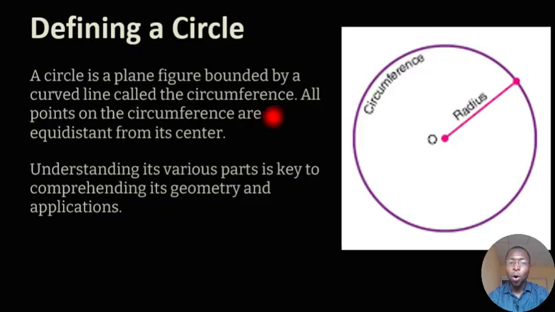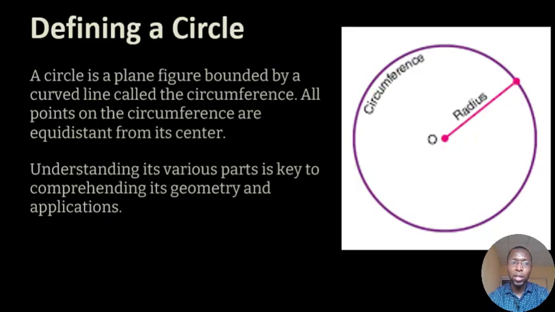Okay, and all the points on the circumference are equidistant from the center. So each of the points on the circumference are equidistant, right? Now, what do we mean by that? Let's pick a point on the circumference. Let's pick a point here.